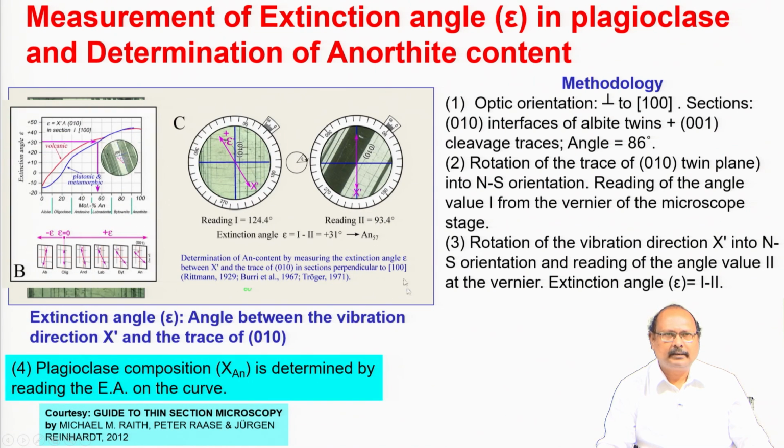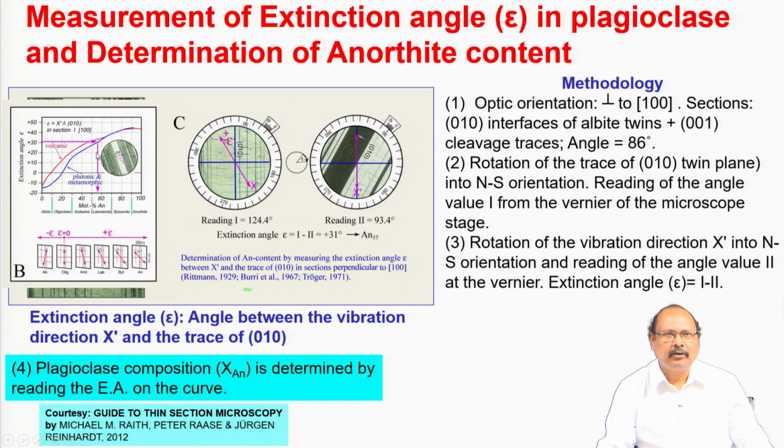And this extinction angle with respect to the plagioclase composition has been calibrated with this curve, both for plutonic and metamorphic plagioclase, or for volcanic plagioclase. If this plagioclase is from a plutonic igneous rock or metamorphic rock, and in this case the extinction angle is measured as 31 degrees, you can put the 31 degrees here and see where you are on this curve.